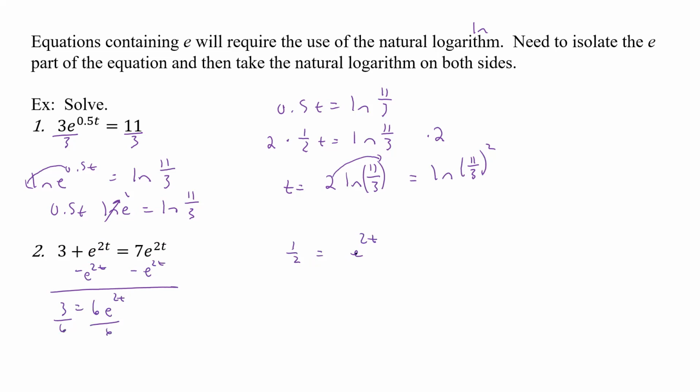Well, now we're at a point where we have the same thing we had here. We just take the ln of both sides. Now remember, we can bring that down in front, so that gives us ln of 1/2 equals 2t ln of e. Well, we saw that that was 1, so we just have 2t here. So we divide by 2, and so t is equal to 1/2 ln of 1/2.